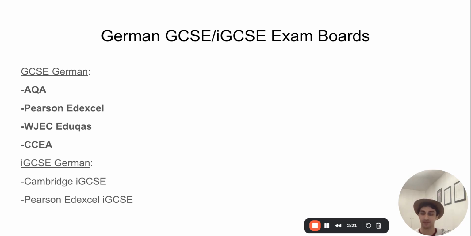And these 4 exam boards in bold here, so all the GCSE German exam boards effectively, are the ones who do have translation as part of their GCSE or iGCSE exams currently, as of November 2025. So do carry on watching if you're taking any of those 4 exam boards.